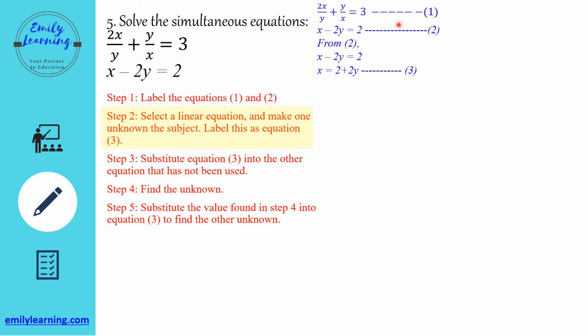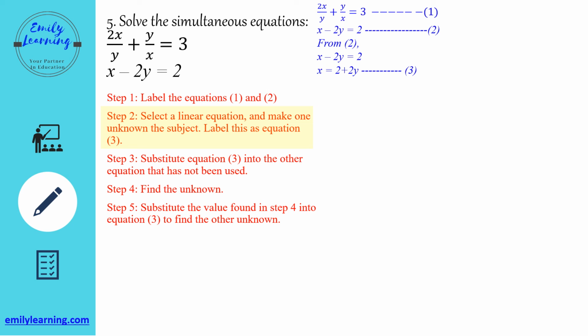Don't use it to make the unknown the subject. We'll use equation 2, which is a linear equation. Once we have chosen equation 2, make x the subject. You can also make y the subject, but in this case, I find that it's easier to use x. Don't worry, you'll get the same answer.